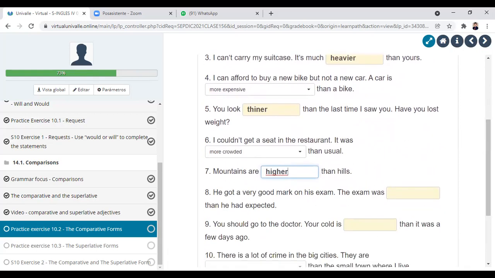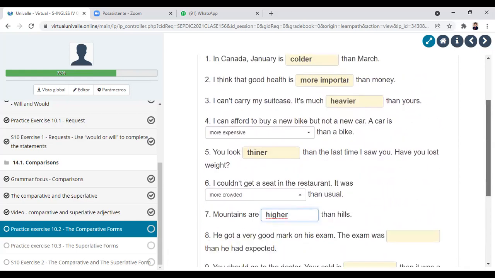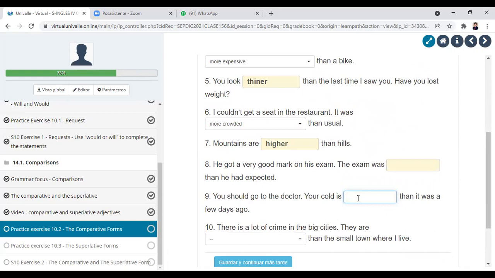He got a very good mark on his exam. The exam was easier than he had expected.